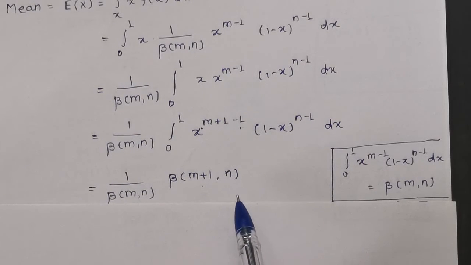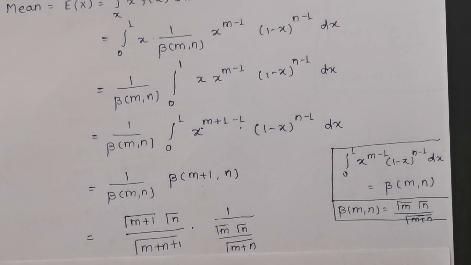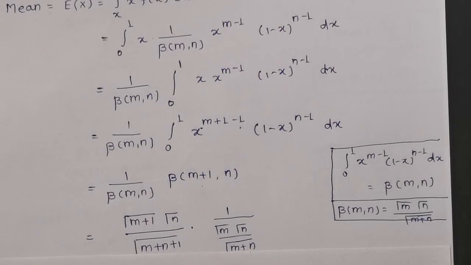By the relationship between beta function and gamma function, beta(m,n) is equal to gamma m into gamma n divided by gamma (m plus n). So here beta(m plus 1, n) is gamma (m plus 1) gamma n divided by gamma (m plus n plus 1), and 1 upon gamma m gamma n divided by gamma (m plus n).